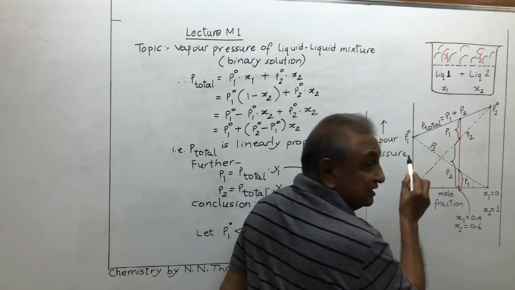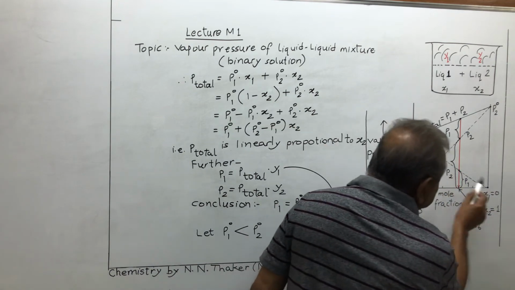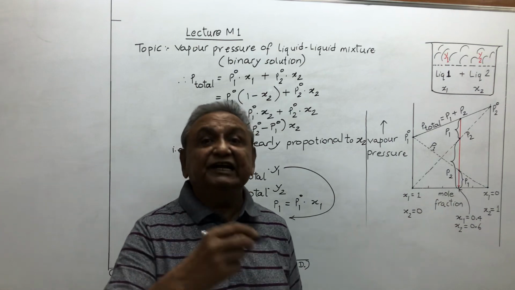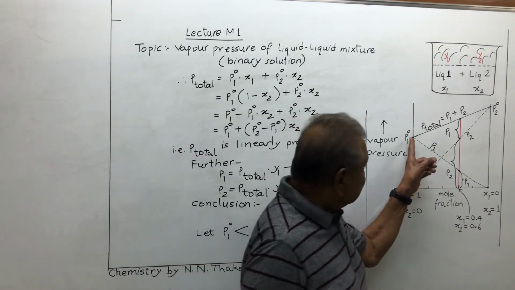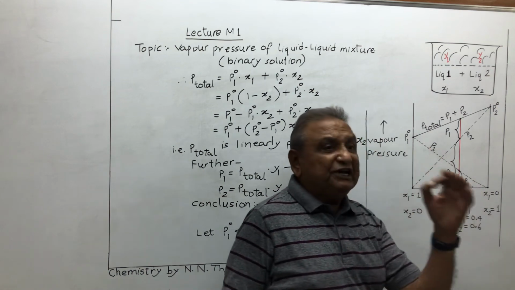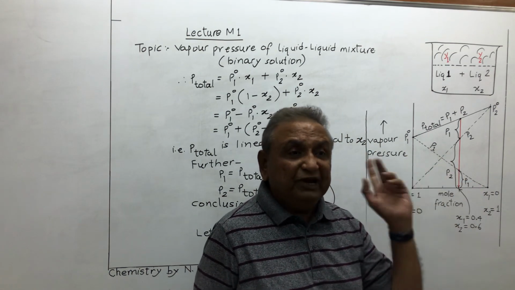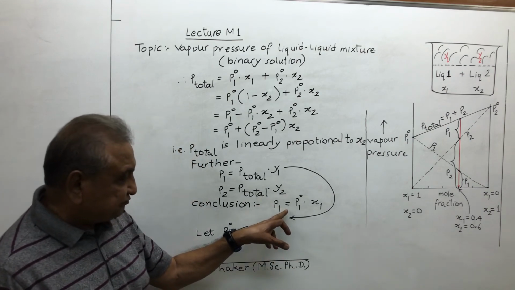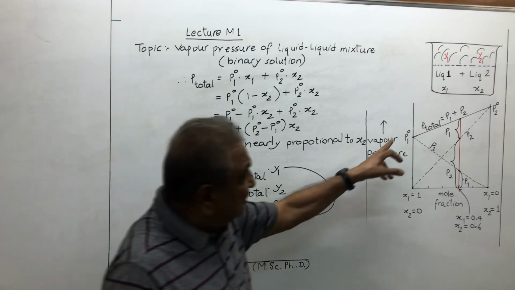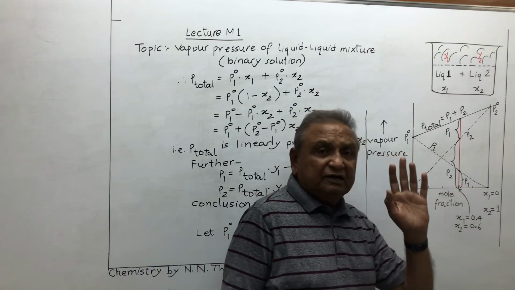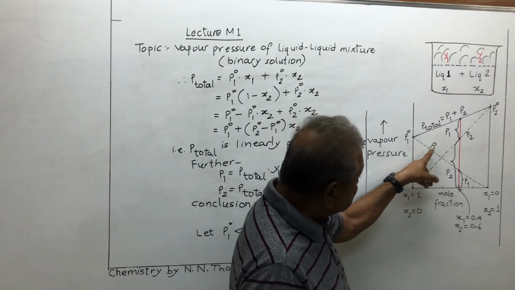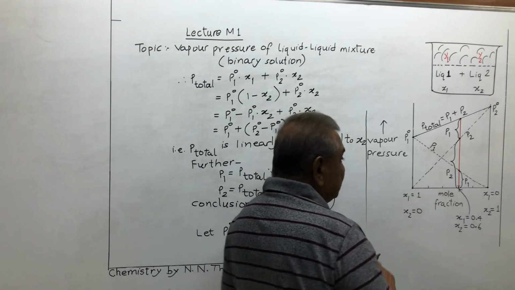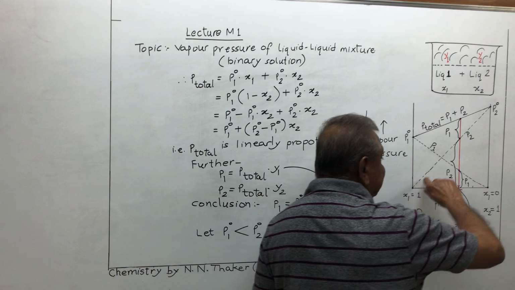Now, what does this line indicate? What do the points on this line indicate? On this line, every point represents value P1 calculated by this relationship. It is shown here. Now, what do these points on this line indicate?